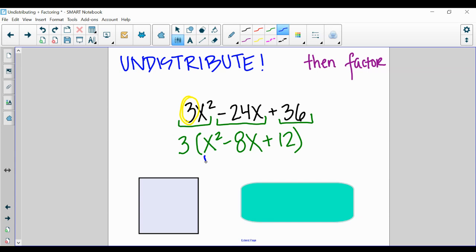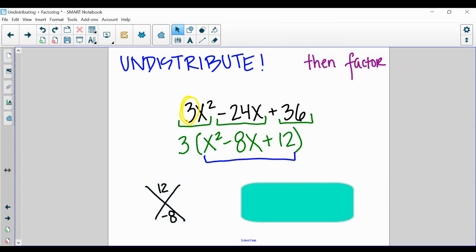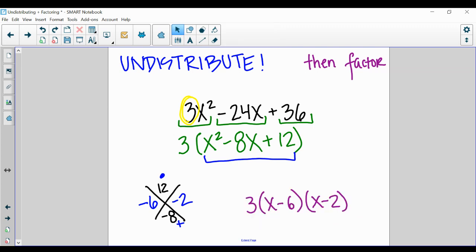Now, using this part, I'm going to create my magic diamond, and I'm seeing what is going to multiply to positive 12 and add to negative 8. That's going to be negative 6 and negative 2. So when I factor it, I'm going to have 3, because remember we're bringing this 3 down, times x minus 6 times x minus 2.